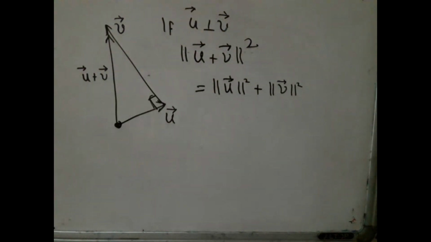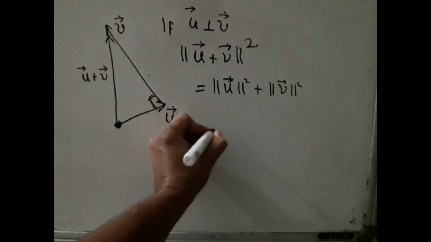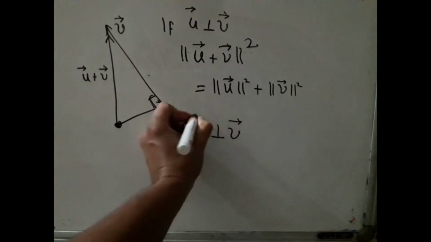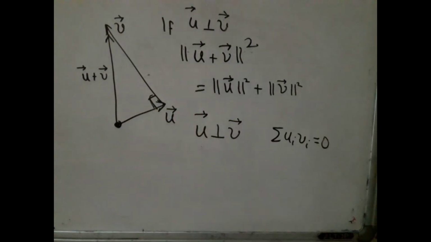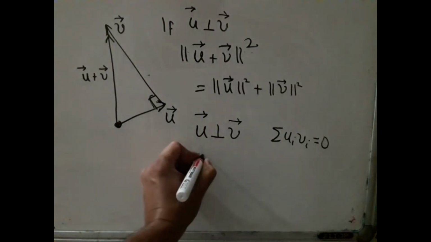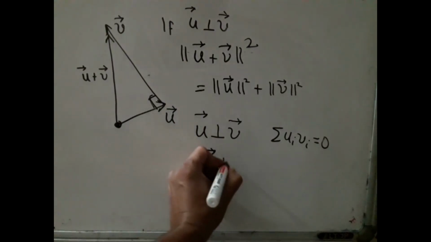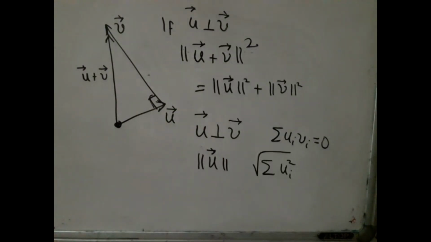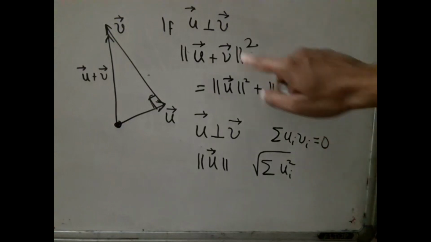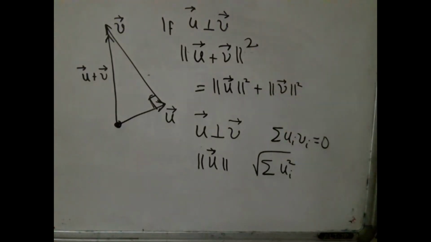To generalize this in Rn, namely, we said that this will be the case if summation ui vi is equal to 0, and similarly we had generalized this. The question is, if we use these generalizations, will this Pythagoras theorem still hold?